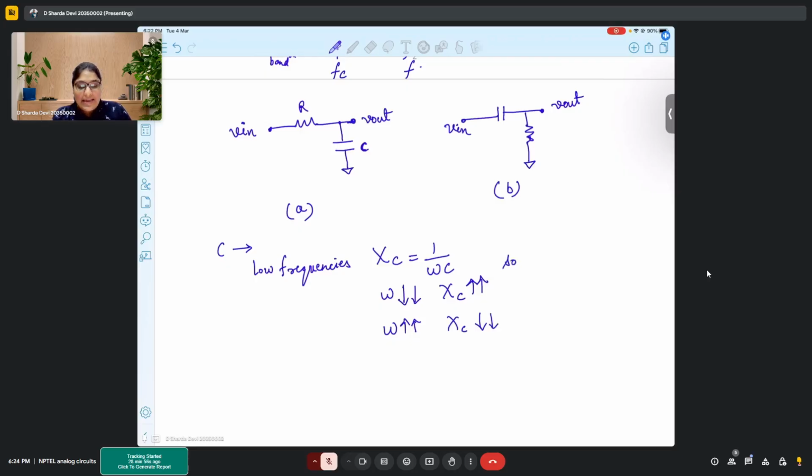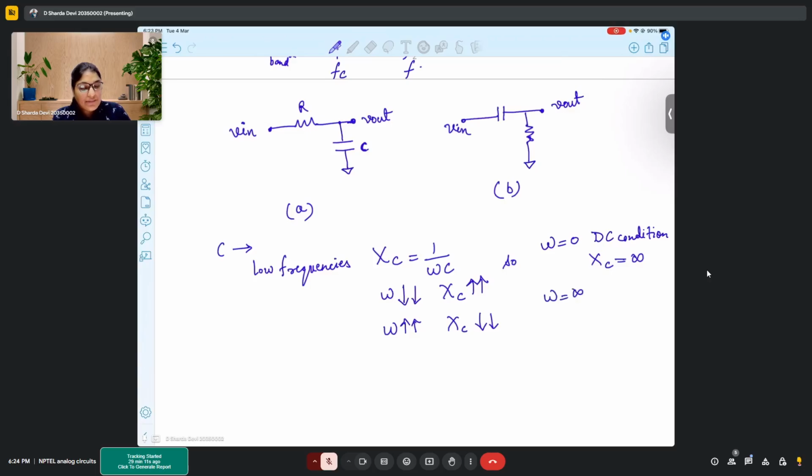So say omega equal to 0. Omega equal to 0 is ideally the DC condition. So in DC condition, my Xc will be infinite.